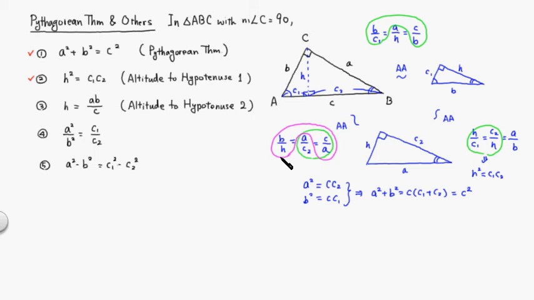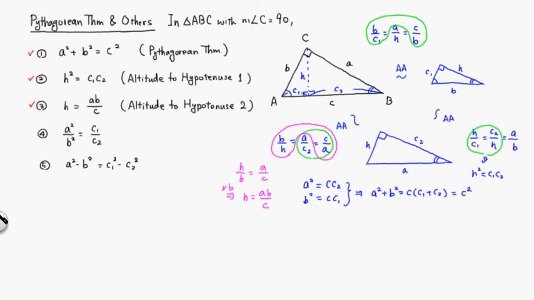We can first flip it over, which gives you h over b is equal to a over c. Then multiply both sides by b to get h equals ab over c, which is this one right here.